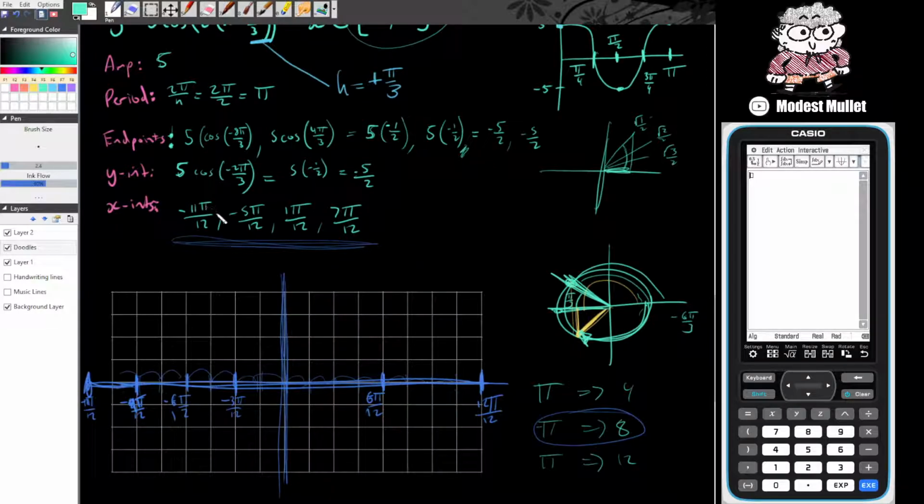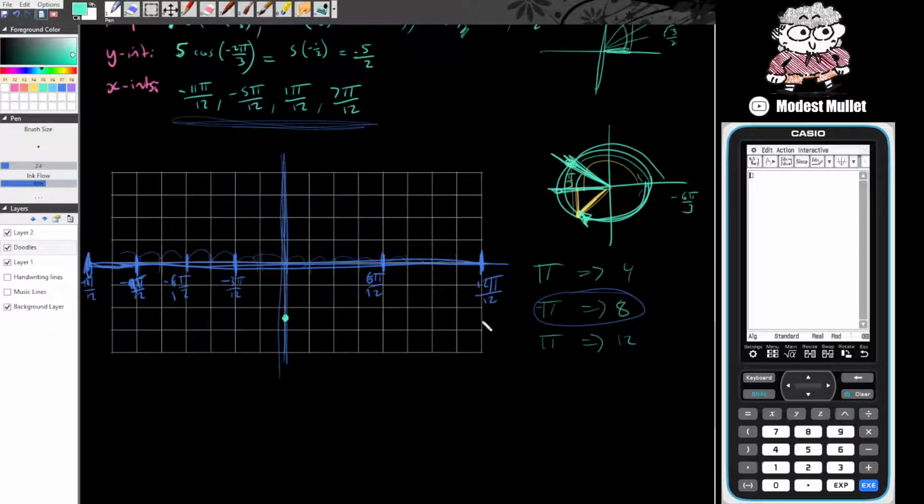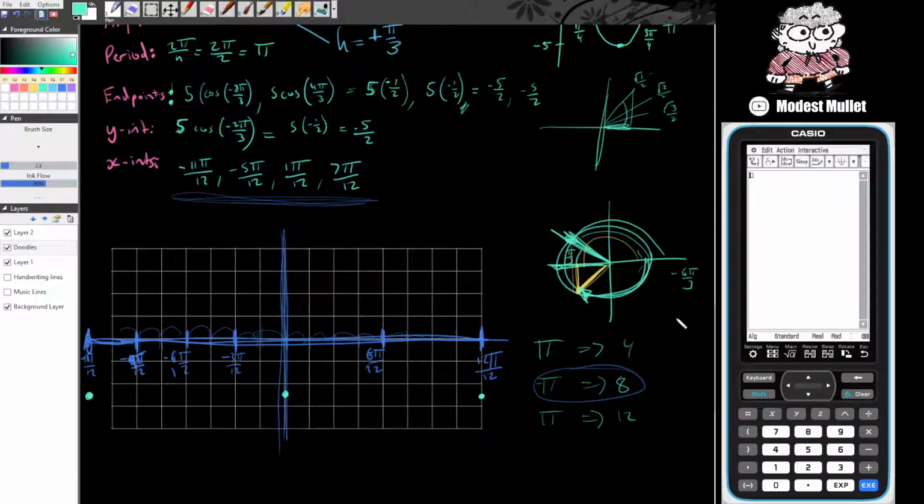So let's start with the y-intercept. That was negative 5 on 2, which is negative 2.5. So there. The endpoints were also down at negative 2.5. So there. We need to put in some intercepts. So 1 pi on 12.